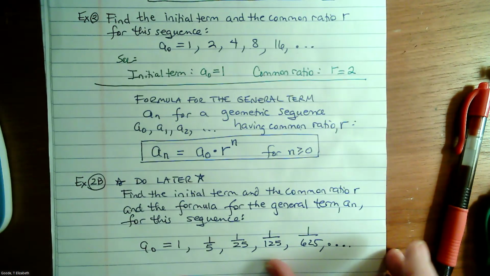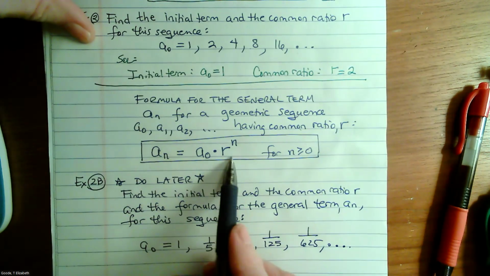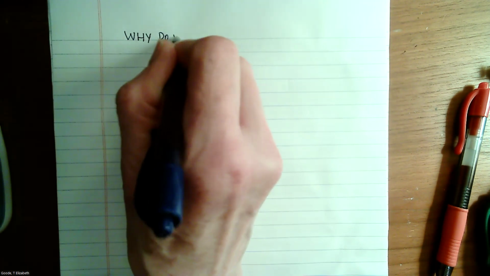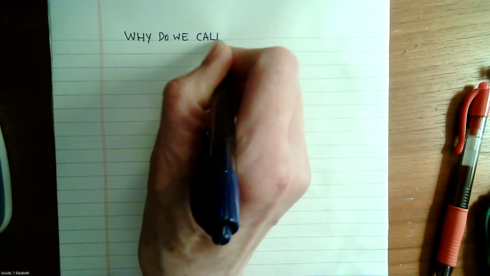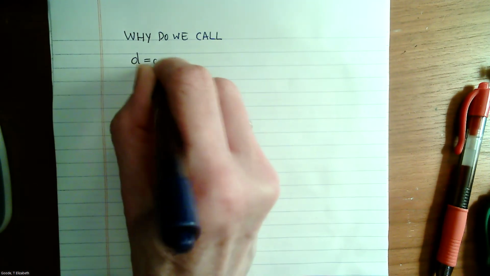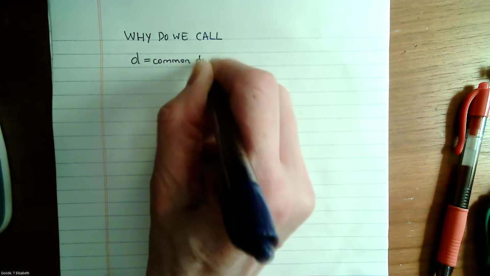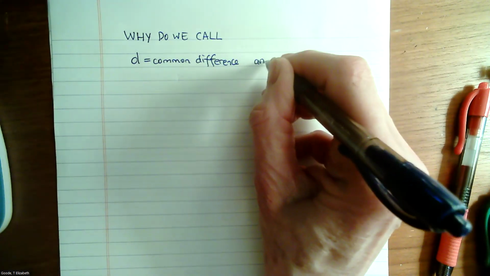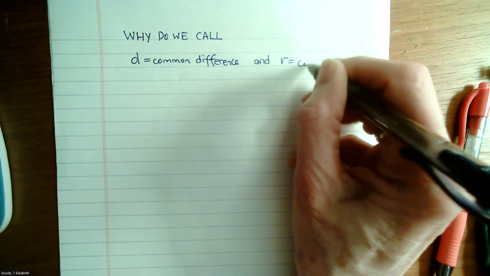Why don't we call it the common summand or the common factor? Well, the reason for that is because it gives us information about the relationship between subsequent terms, consecutive terms. Why do we call d the common difference and R the common ratio?